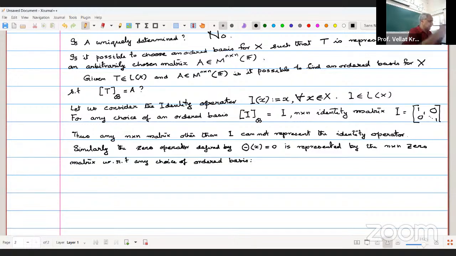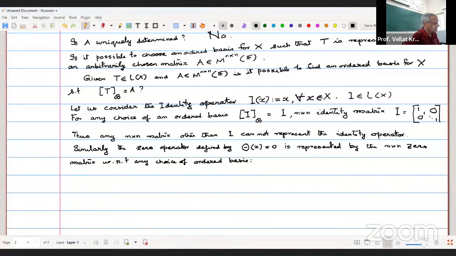In this case also the same comment holds, namely that an arbitrary n by n matrix A cannot represent the zero linear transformation.